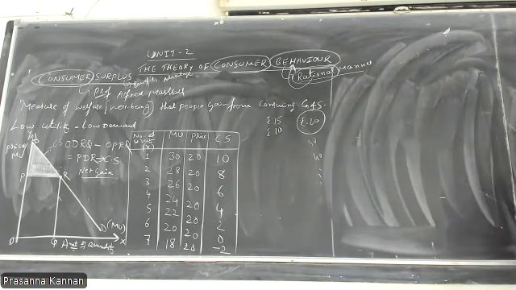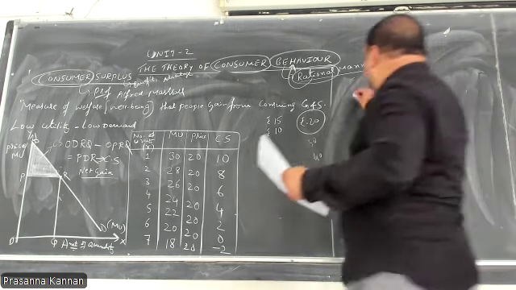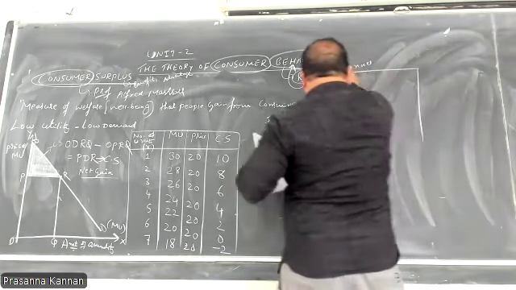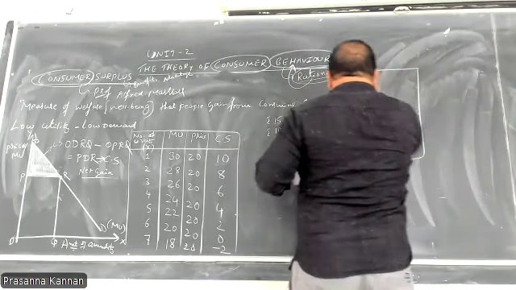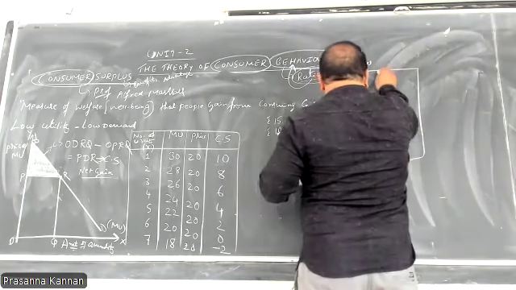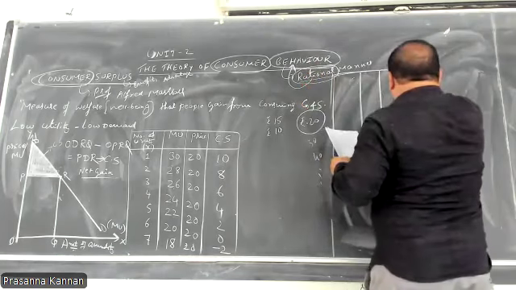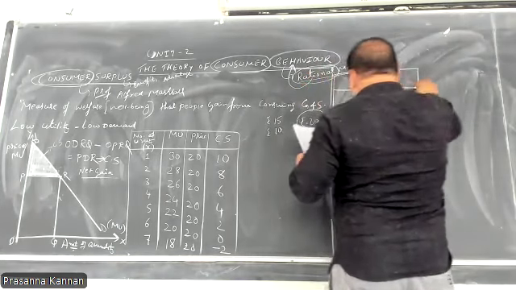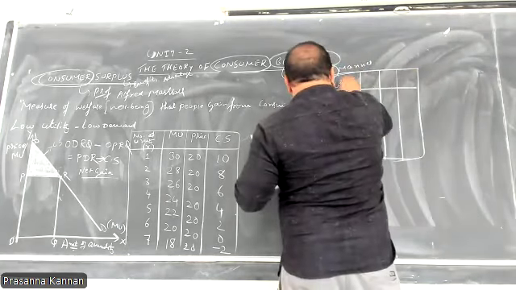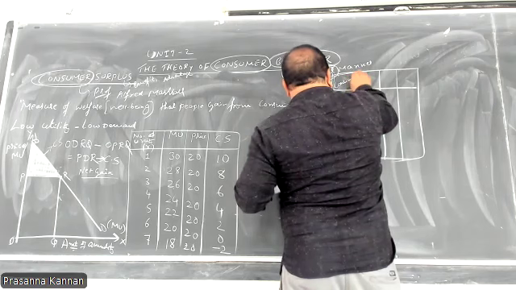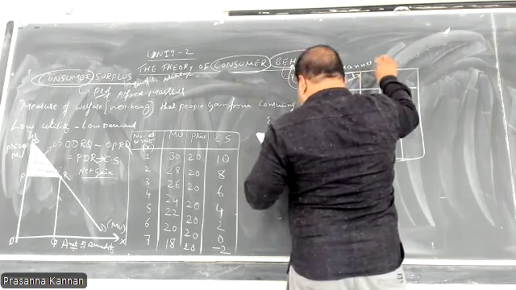Let us say we have one small table. That table I will write here first. Please take it down if you want. In this, we have a combination.